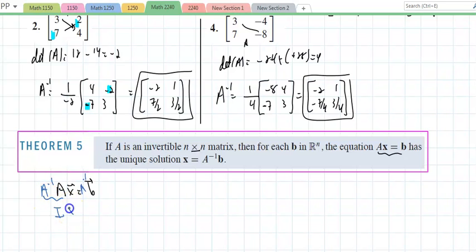This gives you the identity matrix, and the identity matrix times any matrix is the matrix, kind of like 1 in real numbers. And that's how you get the solution.